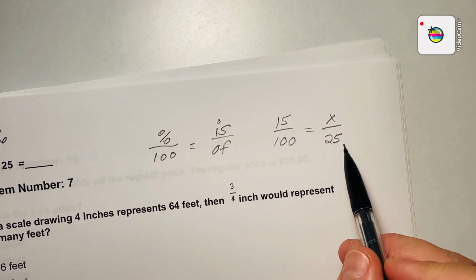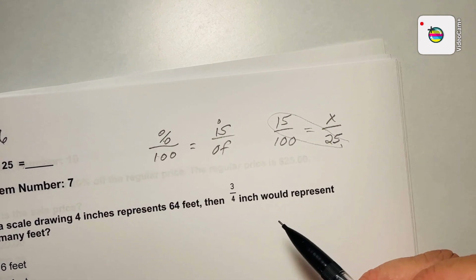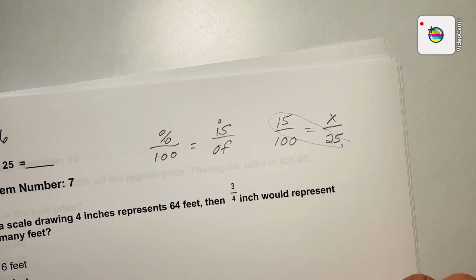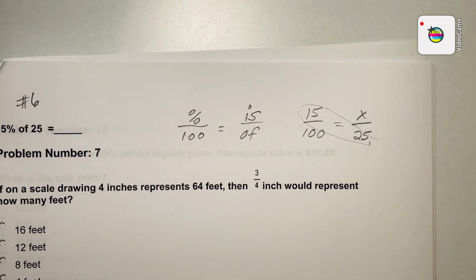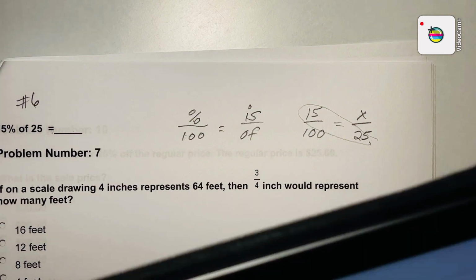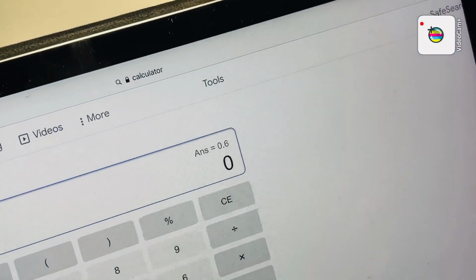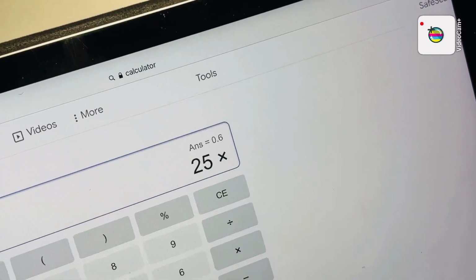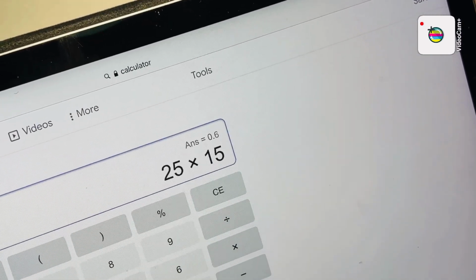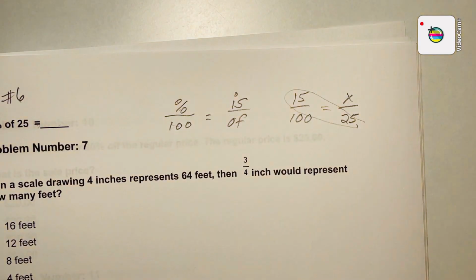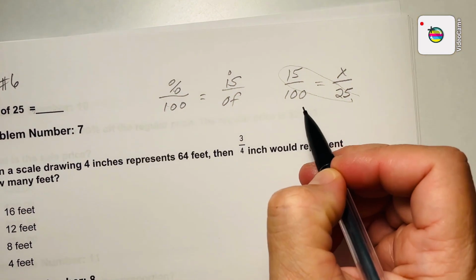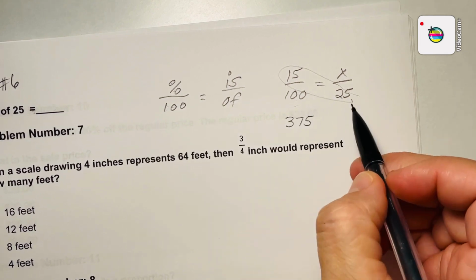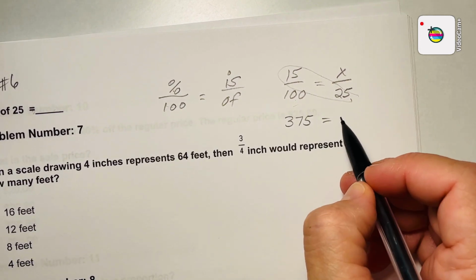And now that we have the proportion set up, all we have to do is cross multiply and divide. 25 times 15 is 375. 100x. Oh, hold on.